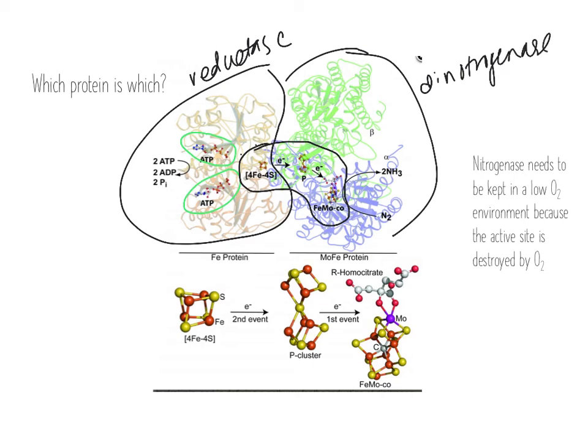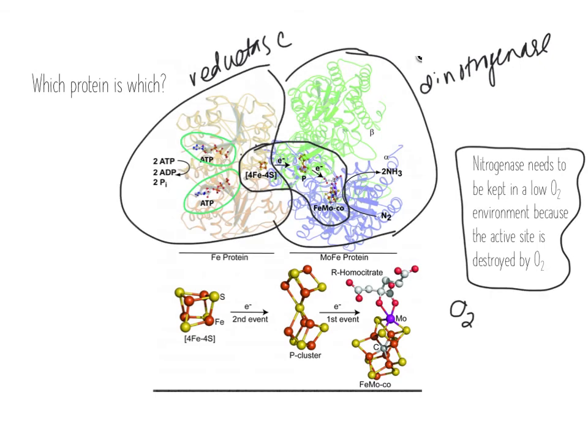And I wanted to come back to this idea that most of the diazotrophs are anaerobic, and that's because the environment around the nitrogenase has to be kept in extremely low O2 conditions, because the oxygen will destroy the active site of the nitrogenase. And we're going to talk about this a little bit in class, but you might already be able to figure it out.